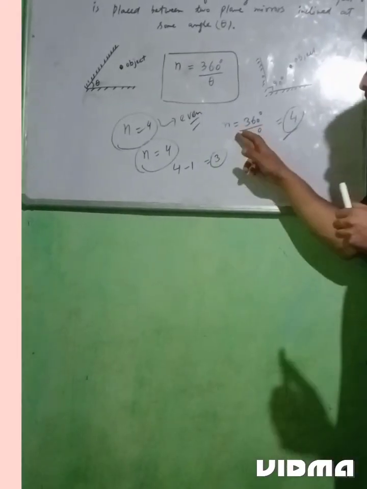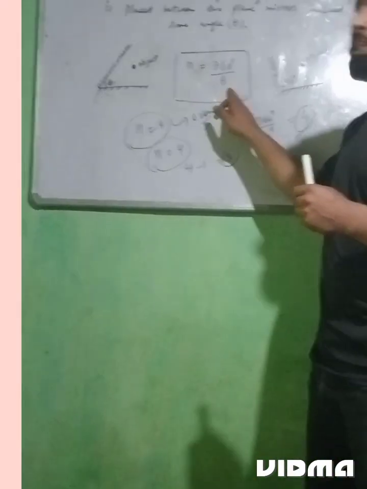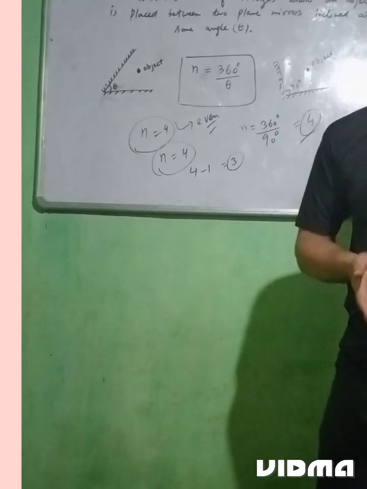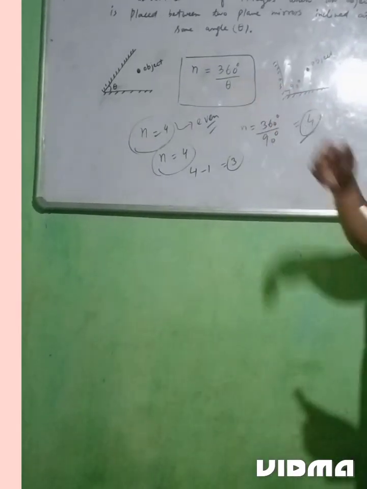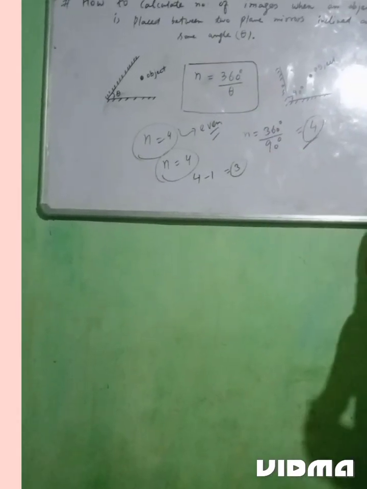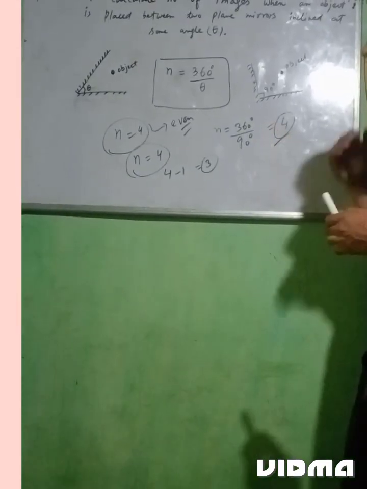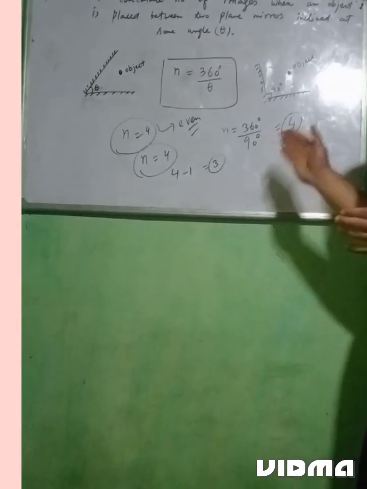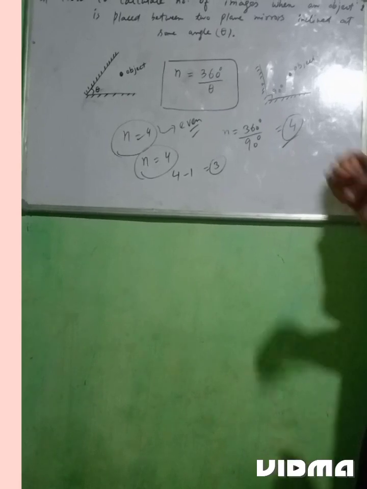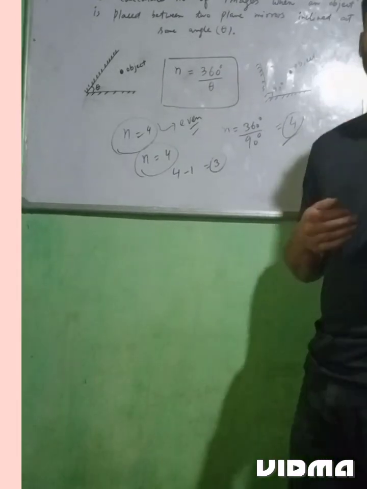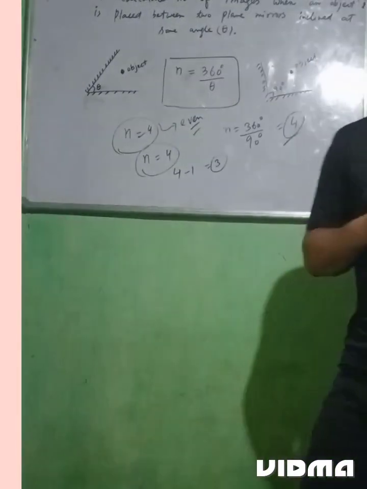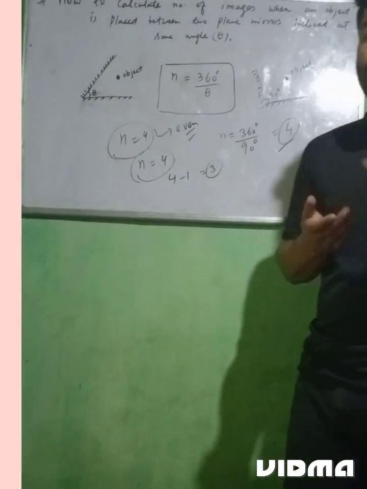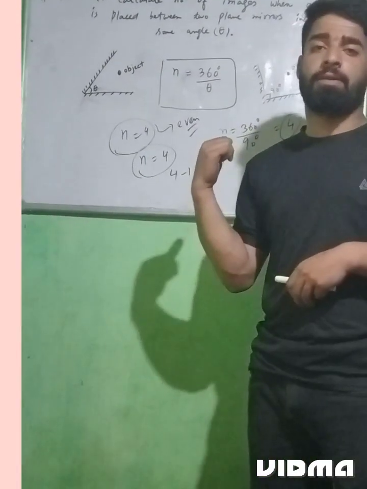First of all, you will use the formula n is equal to 360 divided by theta. Theta is the angle between the two plane mirrors. And here the angle was 90 degree, and when we used the formula, we got answer 4. And I mentioned that when you are getting the answer 4, that means even, then you have to subtract 1 from the given answer.